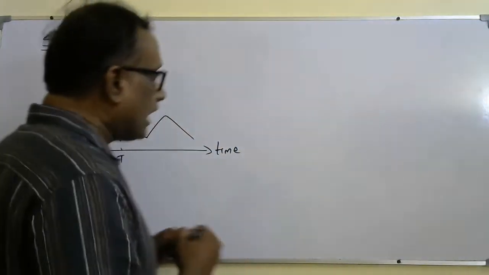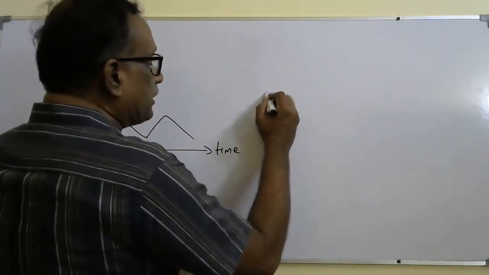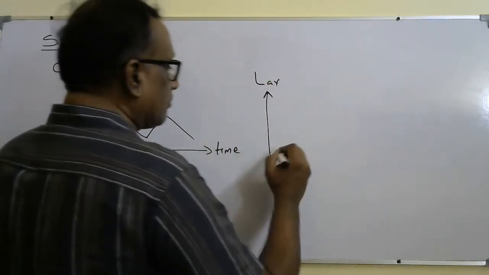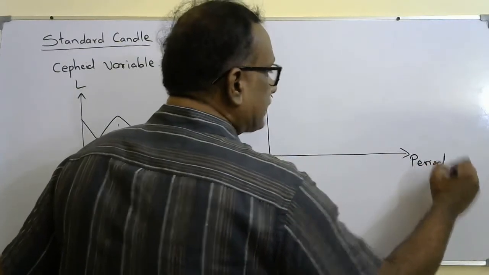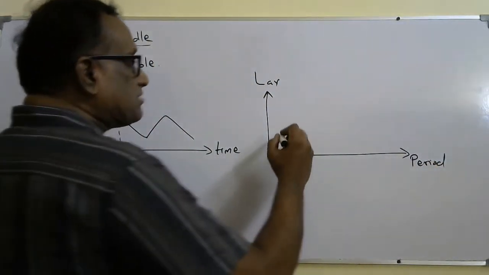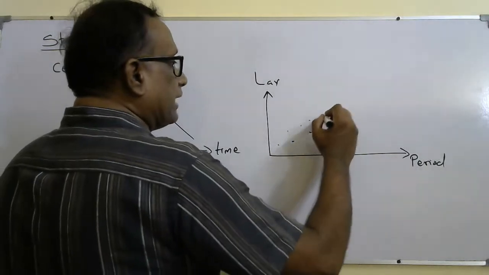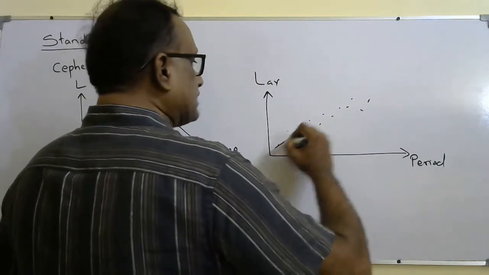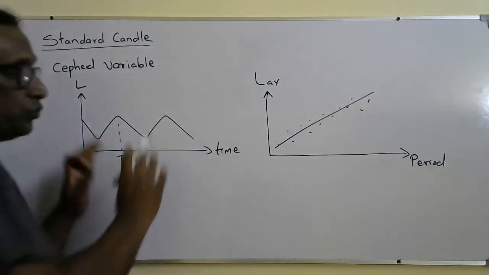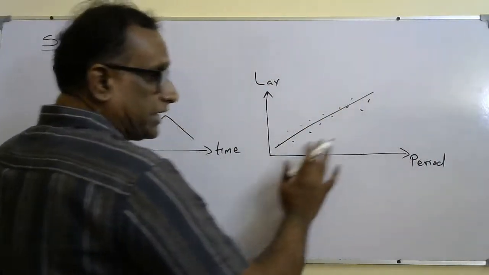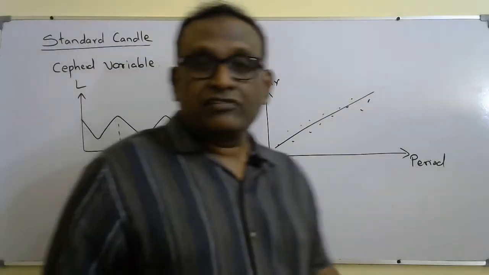Then if we plot a graph of their average luminosity against time period of expansion and contraction, the best fit line will be a straight line. Okay, so we got this information by using Cepheid variables.